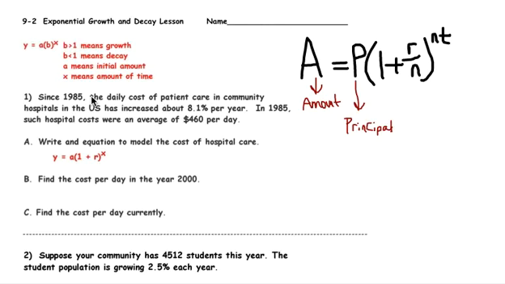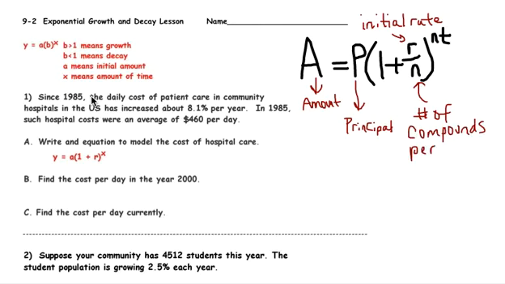The R stands for the initial rate. The N stands for number of compounds per year.